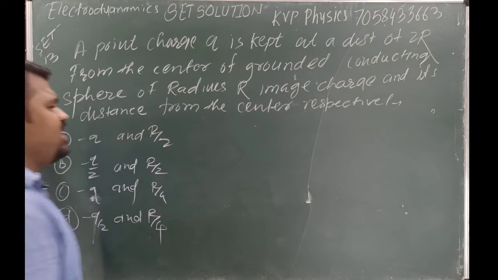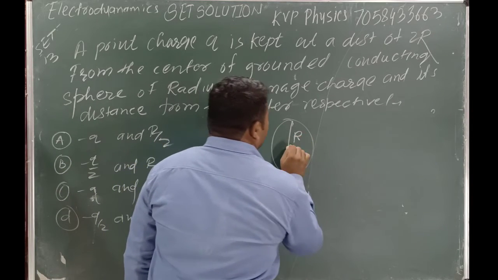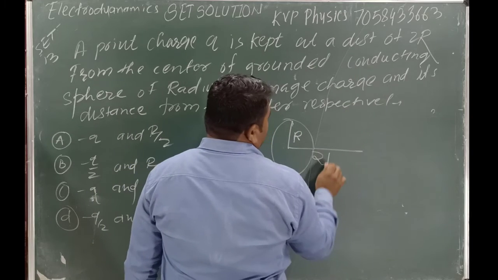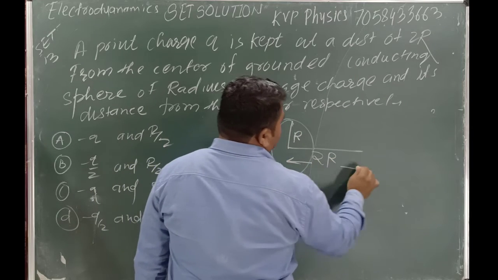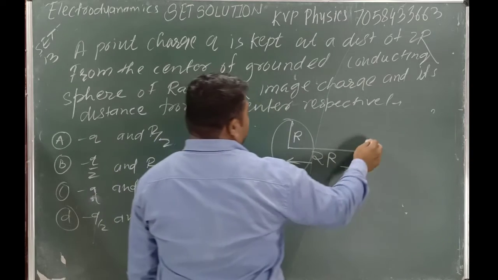Given problem. What is the radius for a sphere? Radius r. Okay. And what is the distance? Placed at how much distance? 2r. 2r is the distance from this point to this one. How much charge is placed? A q charge is kept at this distance.